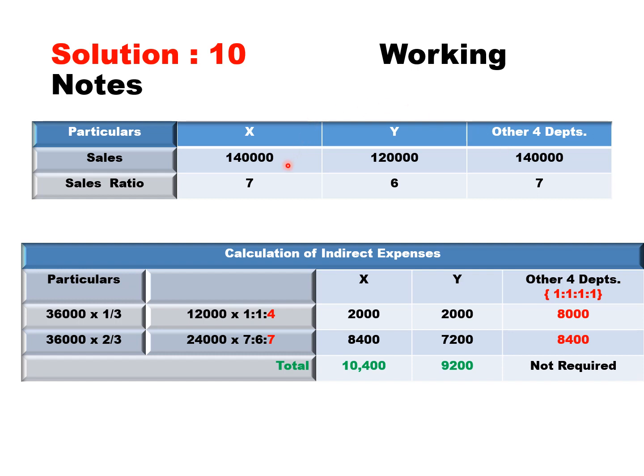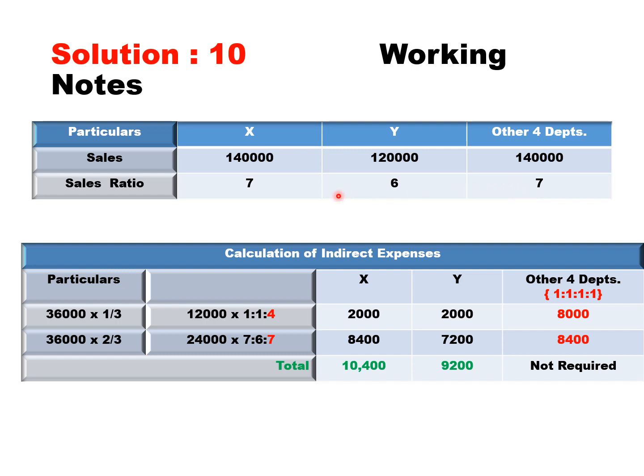Simplify: 2 sevens are 14, 2 sixes are 12, 2 sevens are 14. So the ratio will be 7:6:7, that is 7/20, 6/20, 7/20.